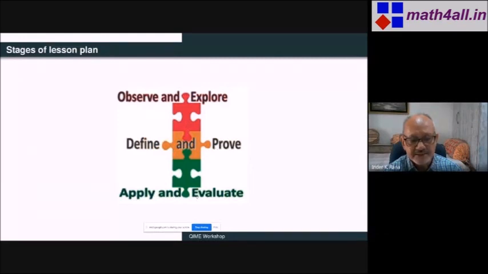And third part is apply and evaluate, where we have been telling you how to give some kind of applications of the topic that you have taught, and try to evaluate by some non-routine problems, so that you can judge whether the students have really understood the importance of the topic under consideration.